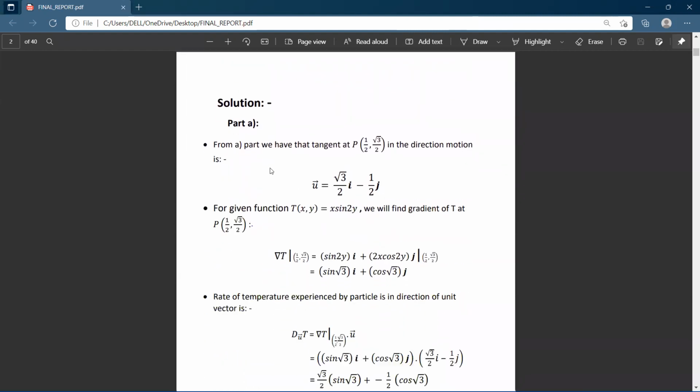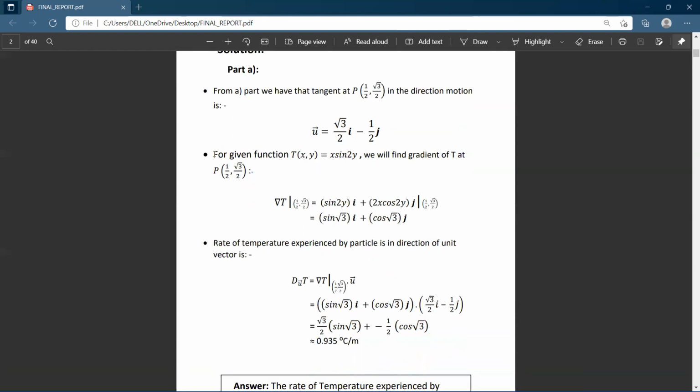Now in part A, we have that the tangent at the point P in the direction of motion is given by this vector u, which is root 3 by 2 i cap minus 1 by 2 j cap.